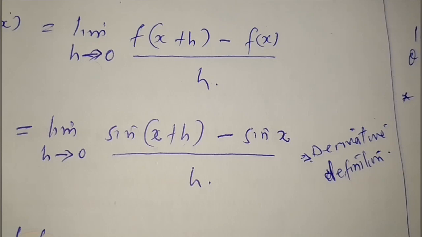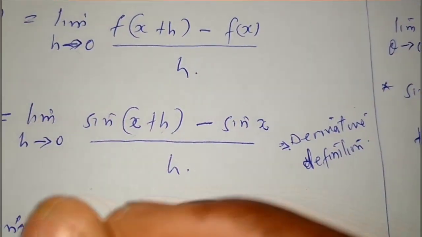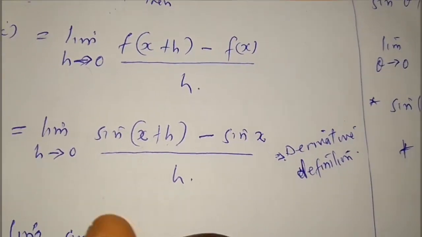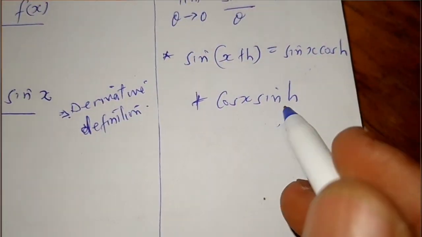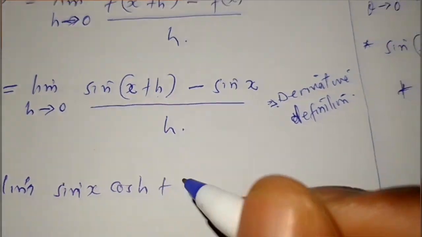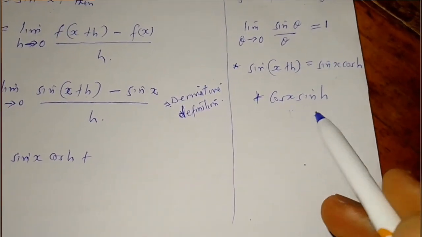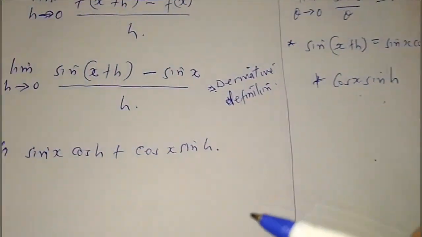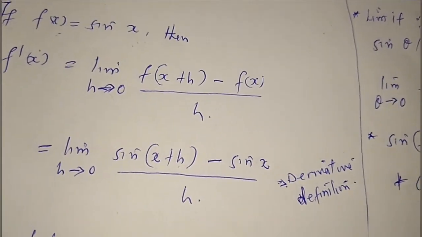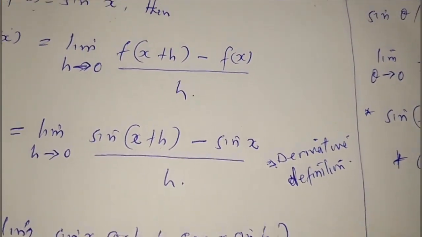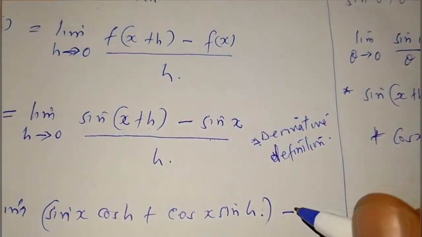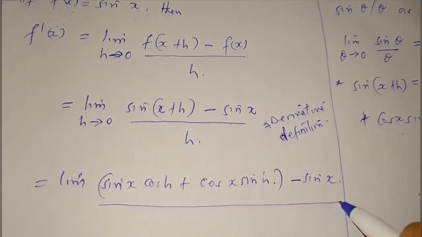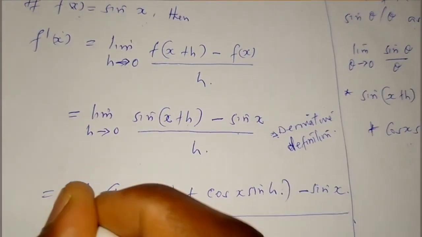You say that the limit of sine x cos h plus cos x sine h, minus this one now, sine x, over h, and h tends to 0.